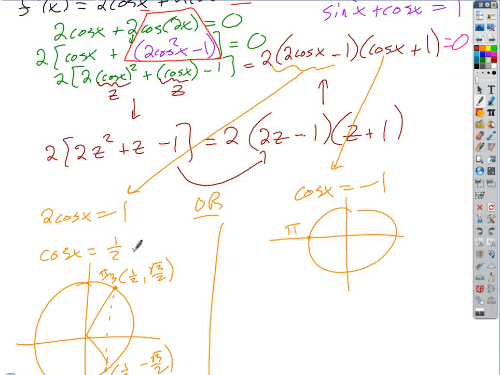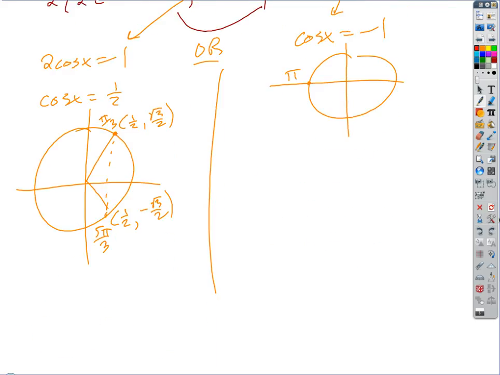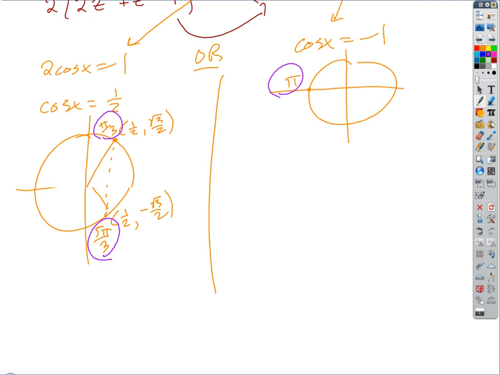Where is the angle, in this case, where cosine x equals -1? And that gives us our three critical numbers. There, there, and there. And now we're just back to our table. So let's start building our table.